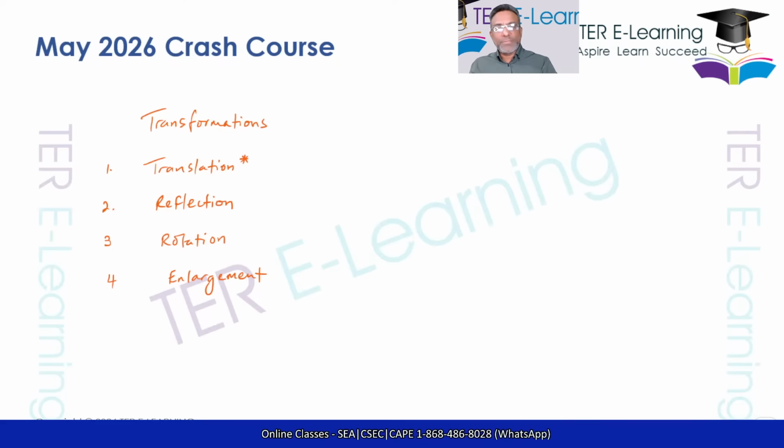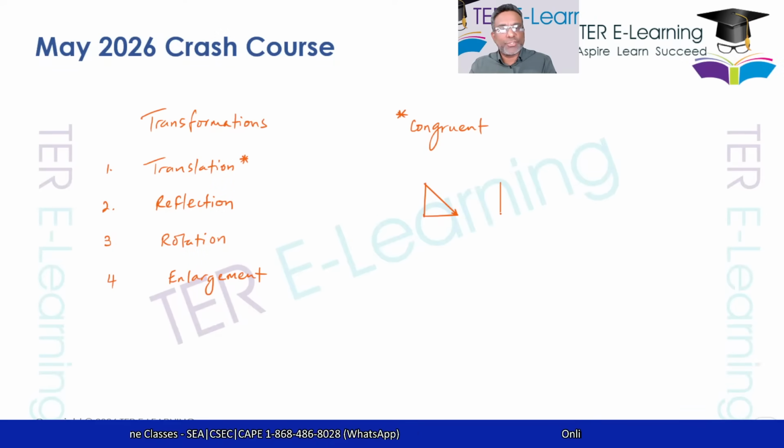So you have a triangle, and if I shift the position of the triangle, the orientation doesn't change, the size doesn't change, and there's a particular word we use for this, which is congruent. If I had a triangle as an object, and a second triangle after the transformation that looks exactly the same, with all lengths identical and all internal angles the same, these two shapes are said to be congruent. That's a word you need to be familiar with.